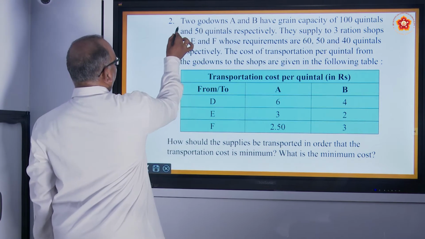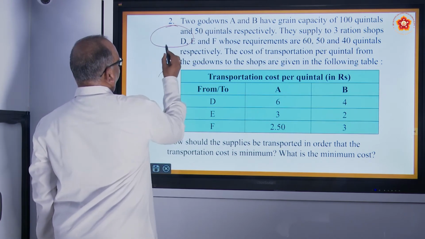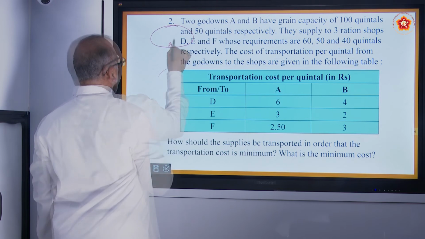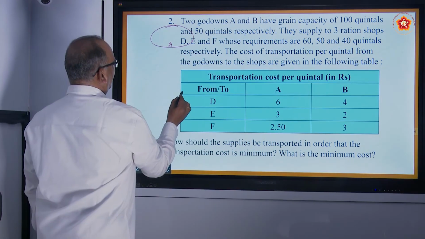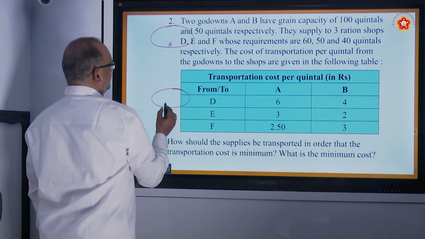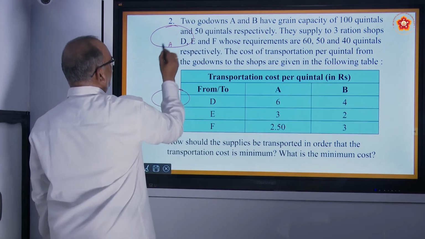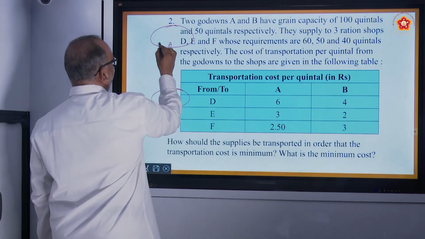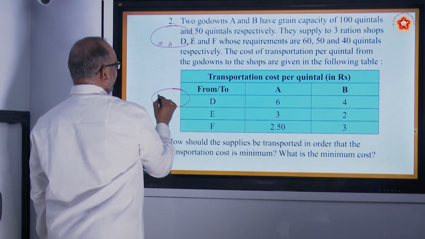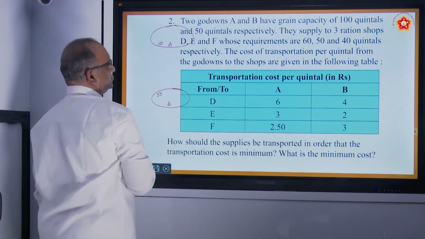Now let us say this is one godown, you can call it A, and let us say this is the other godown, B. This has a capacity of 100 quintals to store, this has a capacity of 50 quintals to store.